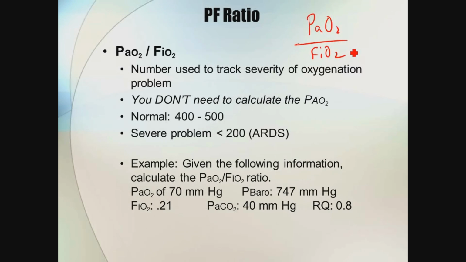And if I do it with my little example, I find it's 333, where my normal is somewhere around 400 to 500. I'm a little bit short. So all three of them give us the same picture. There's some little deficit with my ability to adequately transfer oxygen.